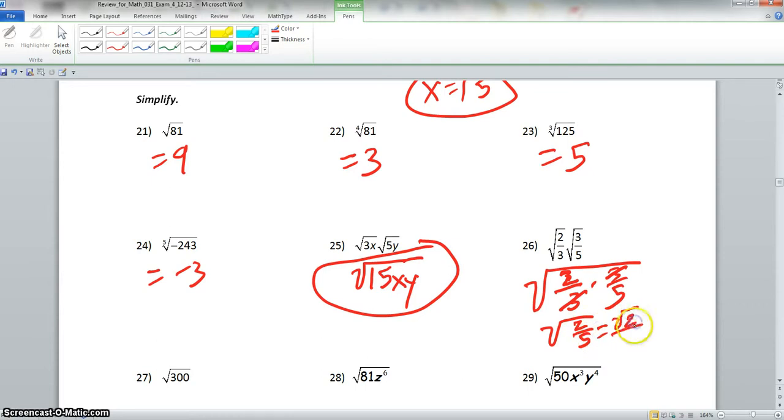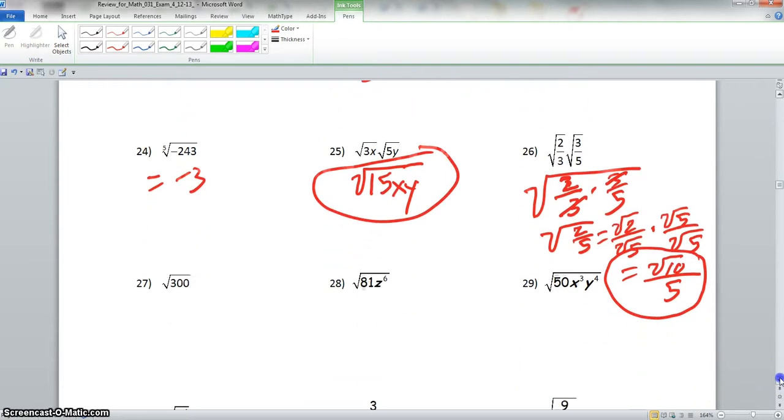So we have the square root of 2 over the square root of 5. So we'll multiply our numerator and denominator by the square root of 5. So we have the square root of 10 all over the square root of 5 times the square root of 5, which is just 5. And that is our final answer.